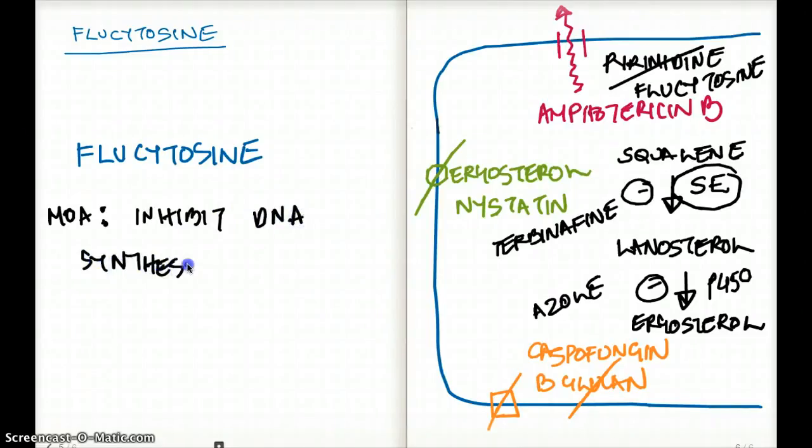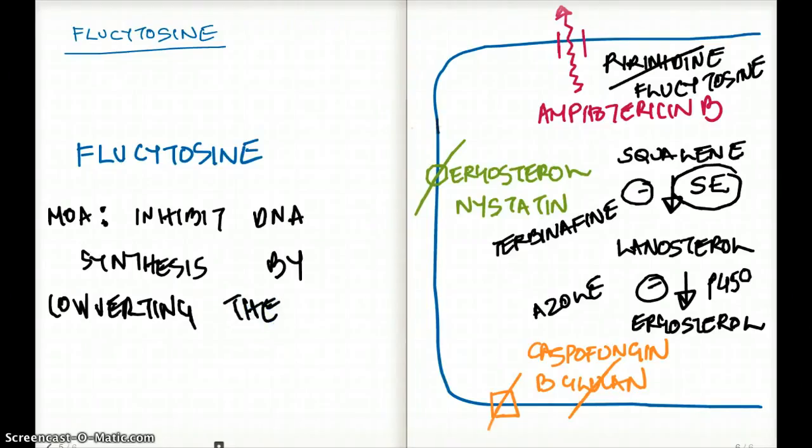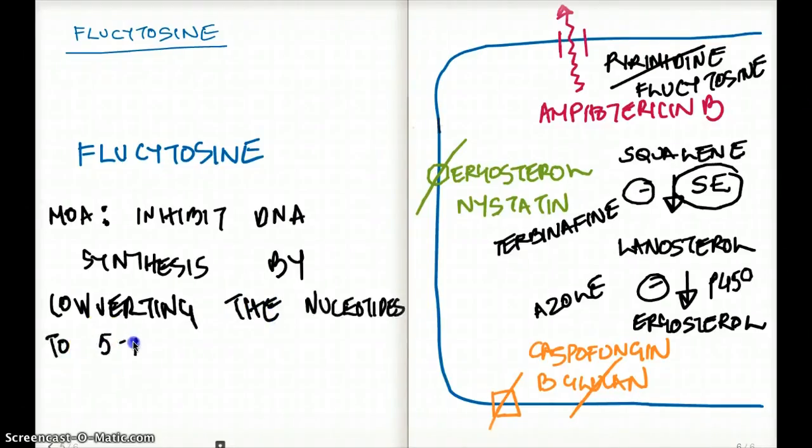And how is it going to inhibit DNA synthesis? By converting the nucleotides to 5-fluorouracil. So it is going to convert the precursors into 5-fluorouracil, and it's not going to be making our pyrimidines.